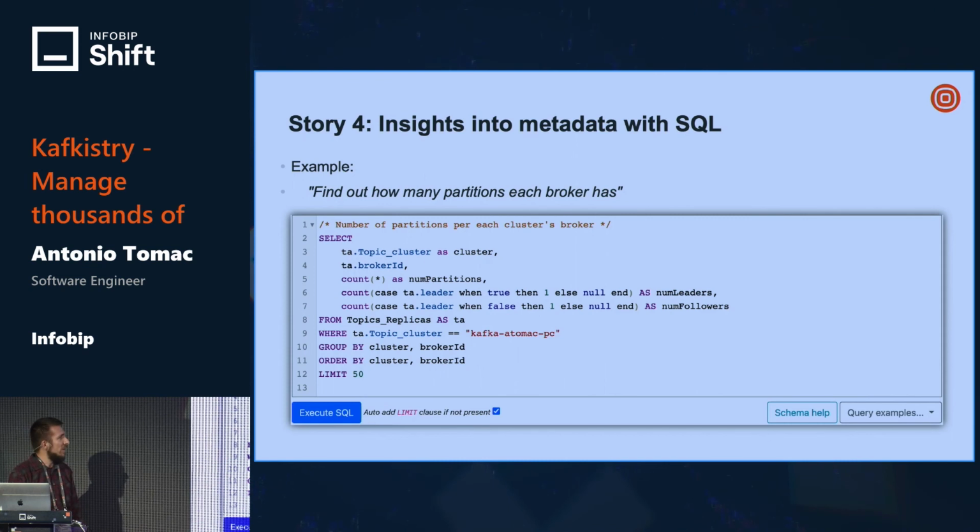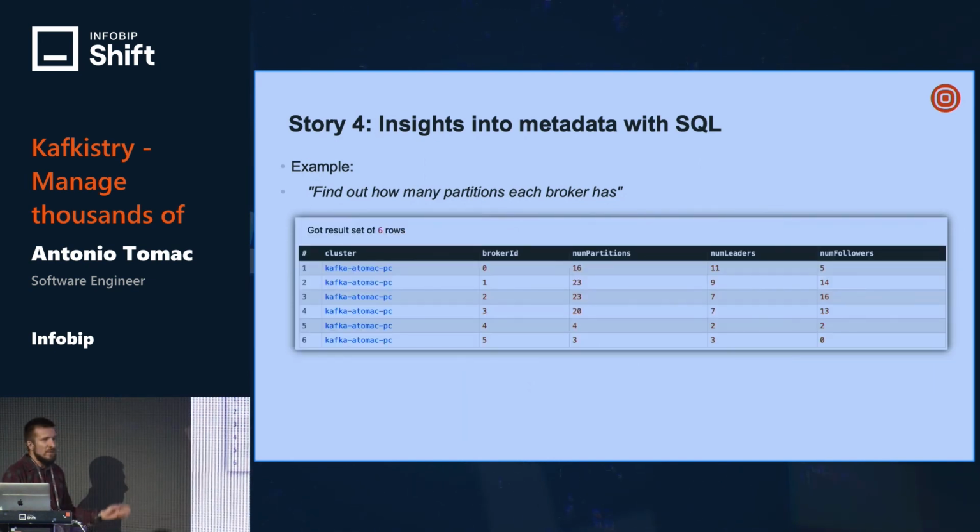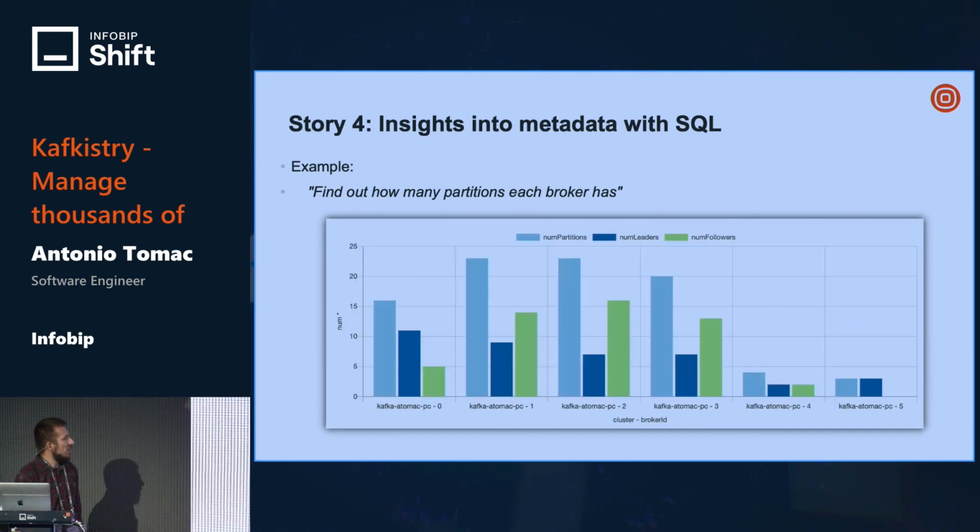We could write a query that looks something like this. And after executing it, we would get some table output like that with concrete numbers being shown. It also has a built-in visualization to help us more easily interpret those numbers.